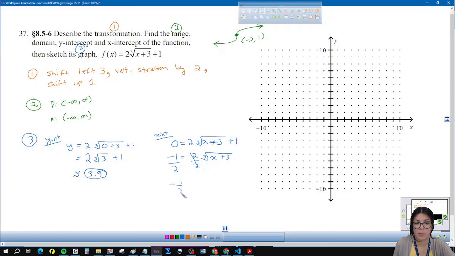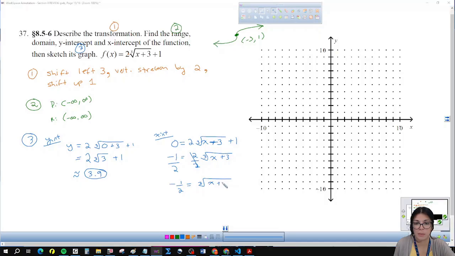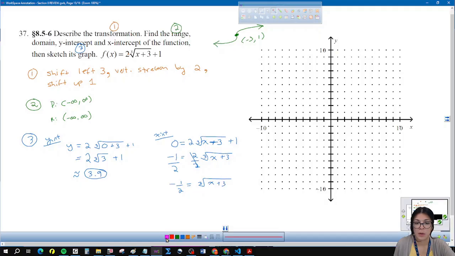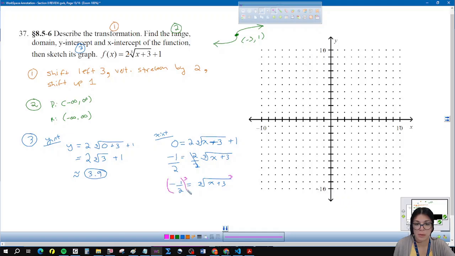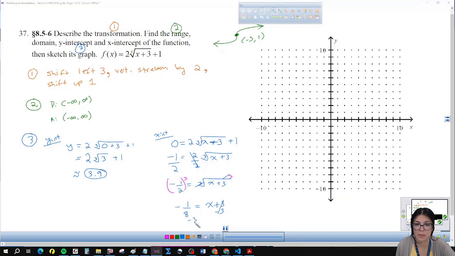So now I have negative 1/2 equal to the cube root of x plus 3. Now that the cube root is by itself, I can cube both sides. Now the cube of negative 1/2 will be negative 1/8, since 1 cubed is 1 and 2 cubed is 8. The cube root and the cube cancel. We get x plus 3, and then we just subtract 3 on both sides.